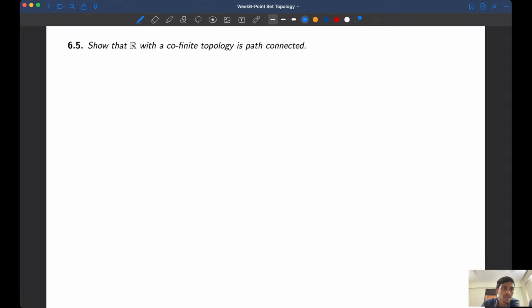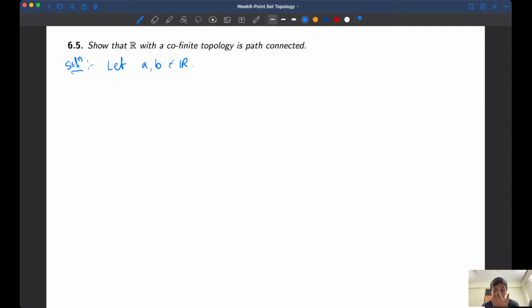So any idea how to proceed for this one? To show it is path connected, I pick any arbitrary a and b, two arbitrary real numbers, let's say a, b belong to R. Usually for a equal to b, it is trivially the constant path.